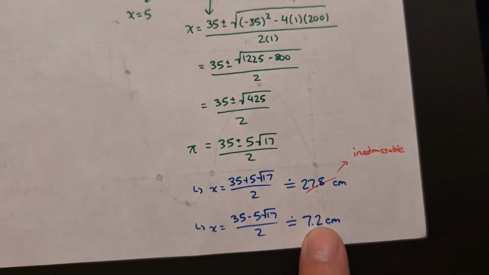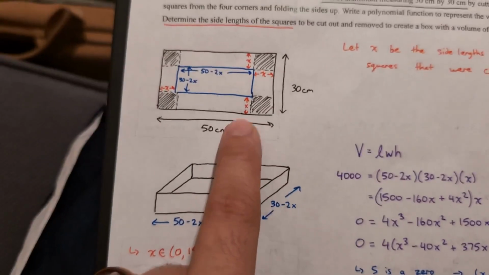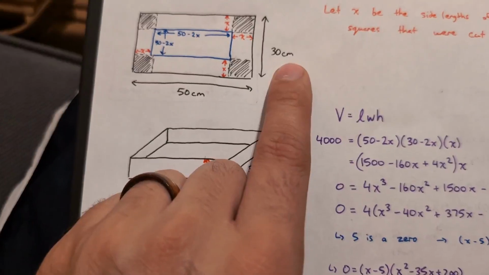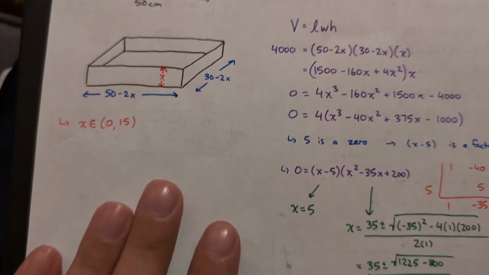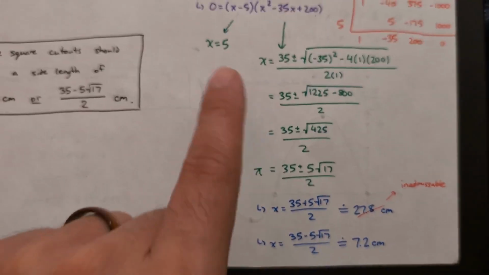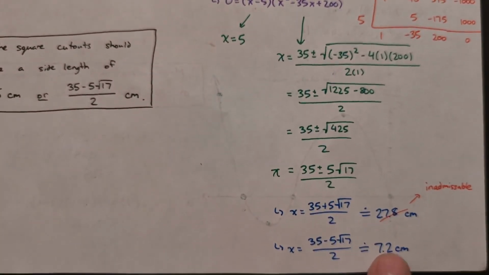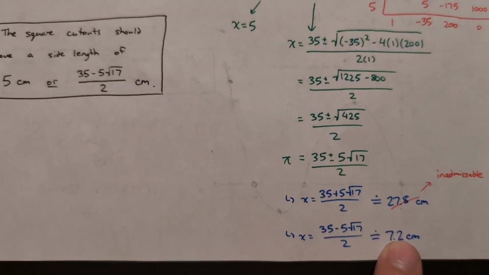7.2 centimeters, we talked about that. That sounds reasonable. I can go 7 centimeters this way, and I'd have a reasonable base left over. And so then we can look to talk about our final answers here. We had this X equals 5, and one of our two answers from our quadratic formula made sense for the problem.